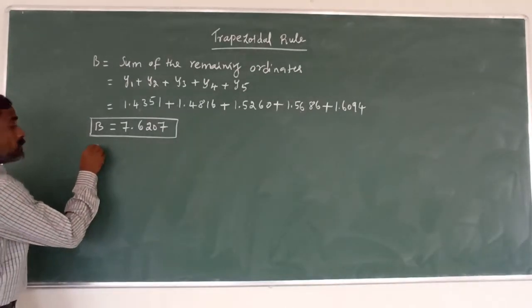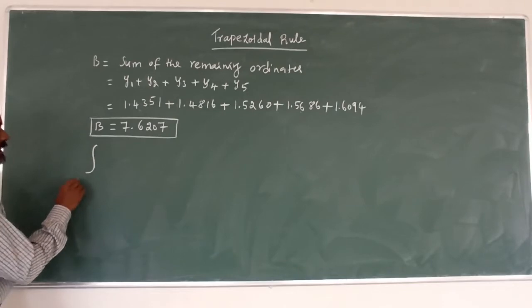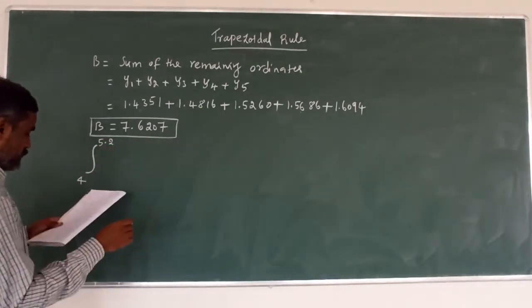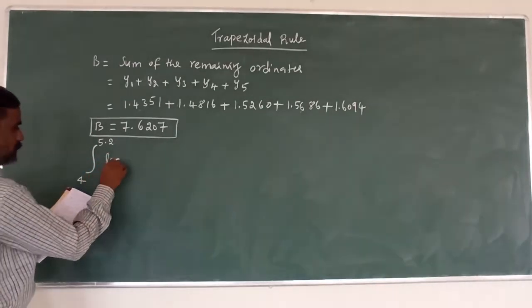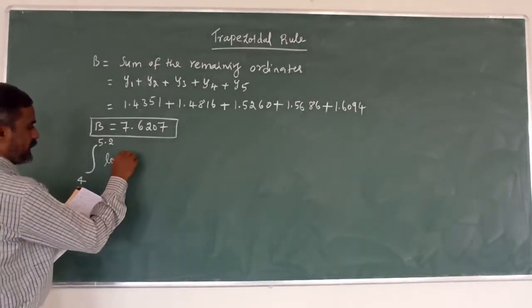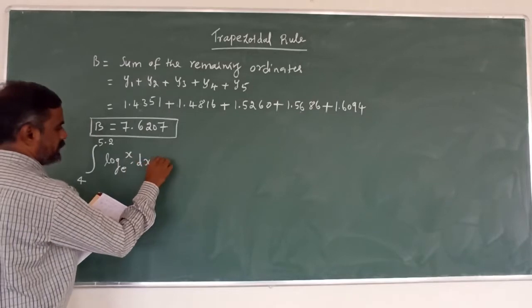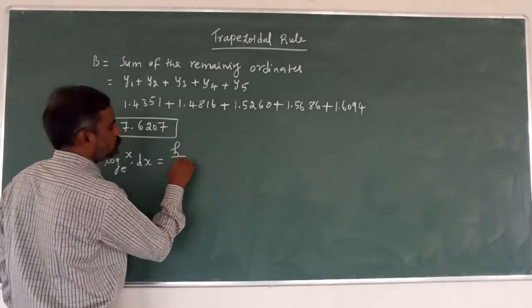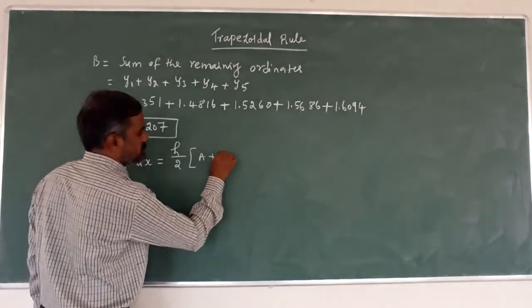Substitute the A and B values in the formula: integration from 4 to 5.2 of log e x dx equals h divided by 2 within bracket A plus 2B.